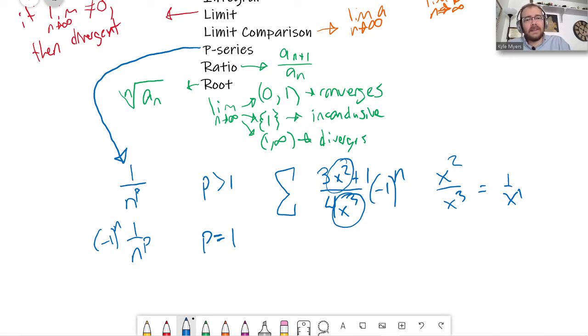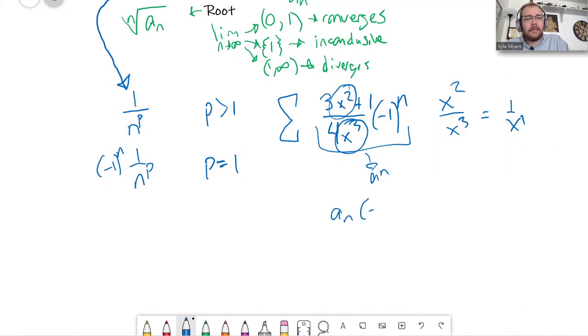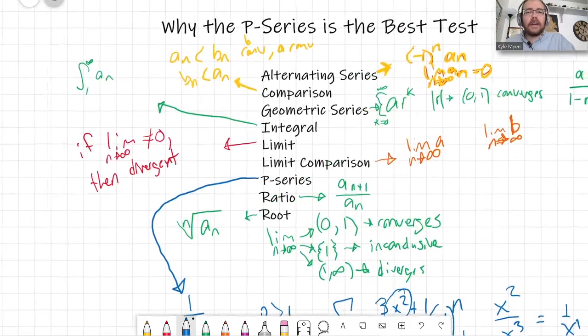So if all of that is a_n, and then I take a_n and multiply it by negative 1 to the n, then it now converges. It converges now because of that whole alternating series test.